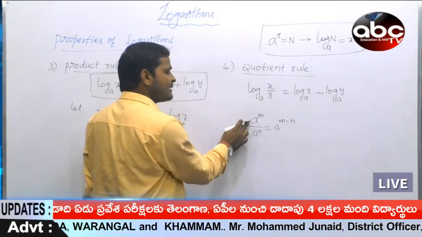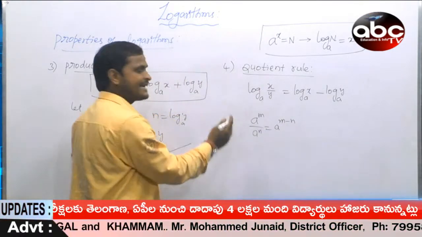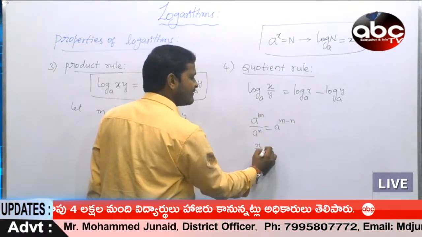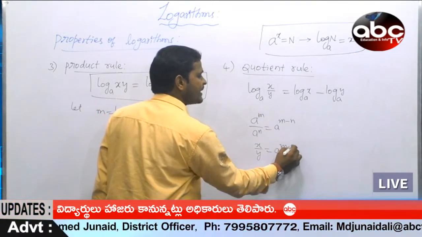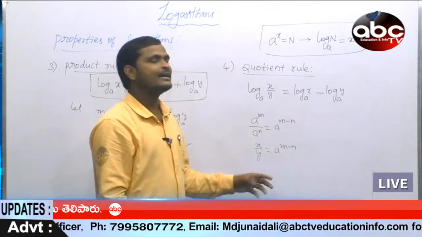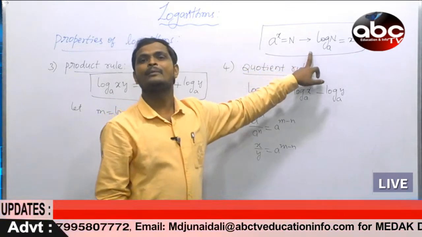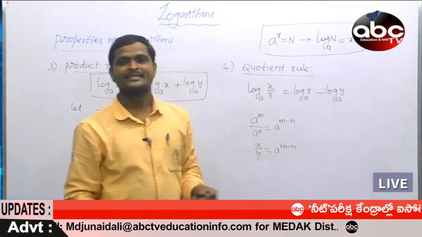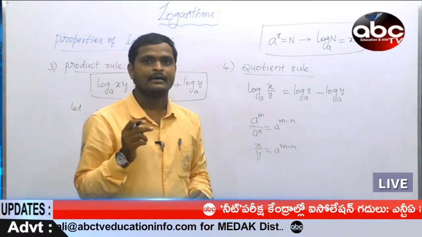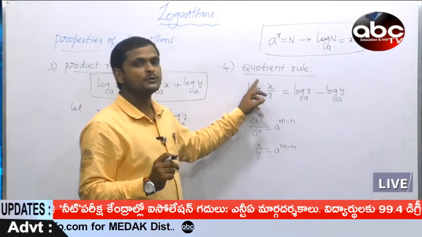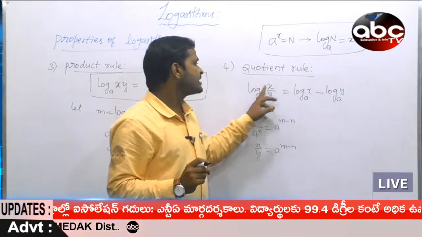Take x is equal to a power m, y is equal to a power n, then x by y is equal to a power m minus n. Then apply logarithm on both sides and convert into the general form of logarithm. Then we get log x by y is equal to log x base a minus log y base a. That is the fourth property of logarithm, the quotient rule.